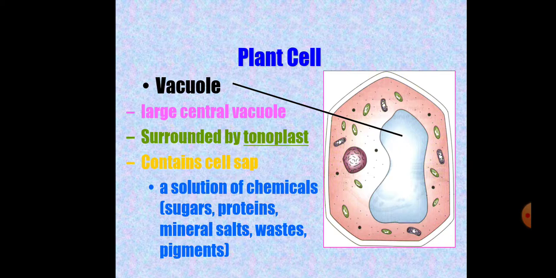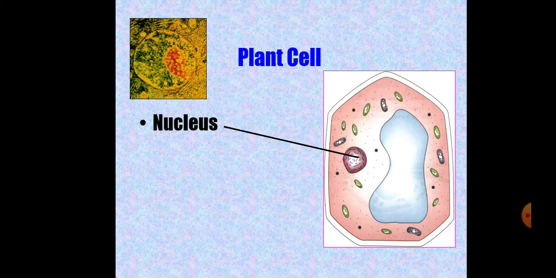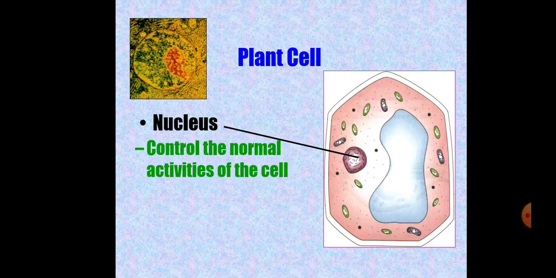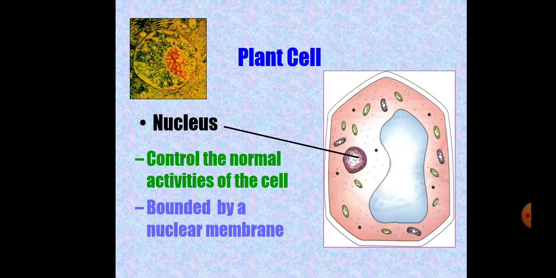Osmotic balance is a term that we're going to study in the next topic called cell physiology. Then there is a nucleus, and the nucleus, as we said earlier, controls all the activities of the cell.